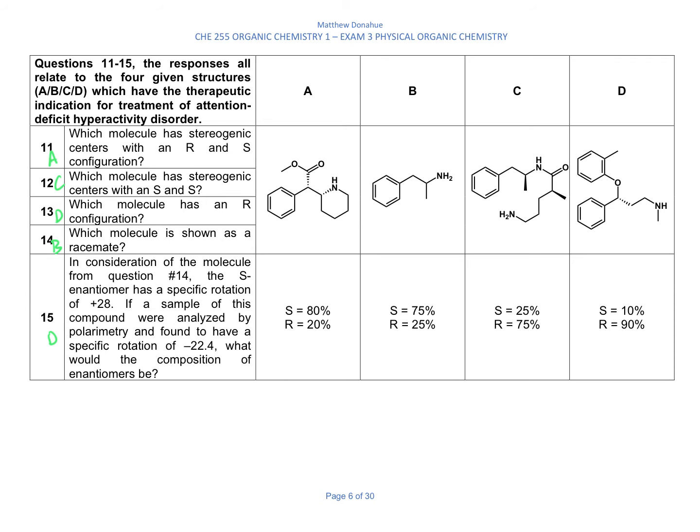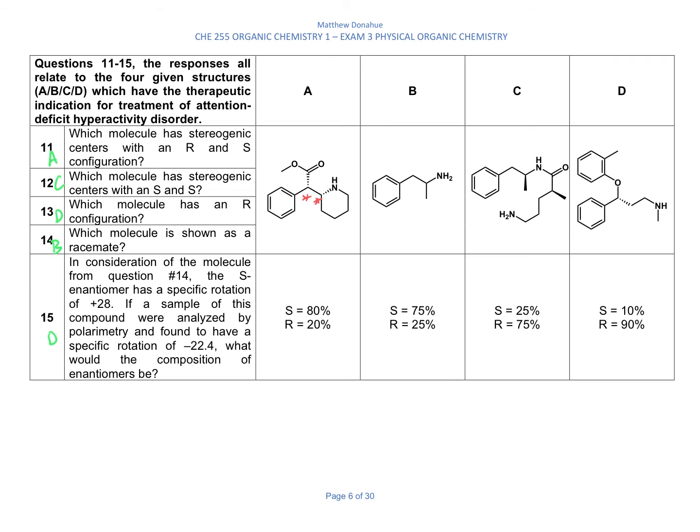And so we can see from 11, 12, 13, and 14, they're asking about the CIP designation, R or S. If we look, just scanning across, why don't we go ahead and start with A here. And so we have 2 stereo centers. We'll mark those with the asterisks. Let's go ahead and determine the one with the nitrogen first.